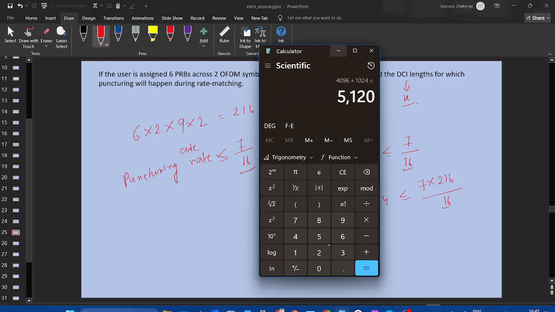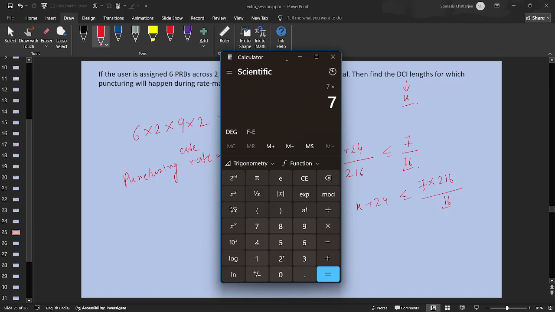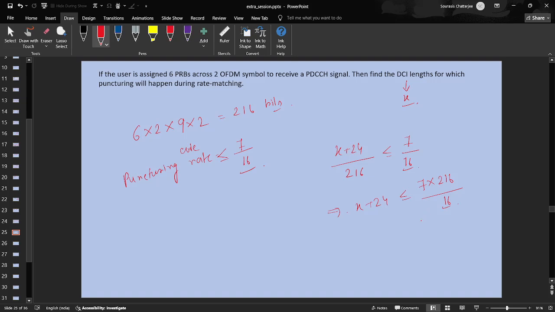Let us try to convert into an integer. 7 into 216 divided by 16 is 94.5, so x should be less than 70.5.